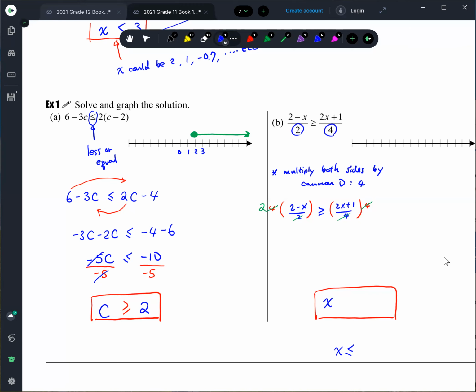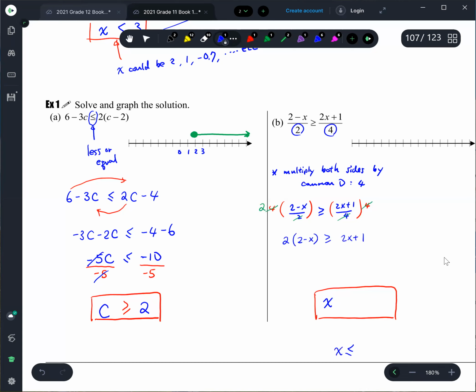Okay, so after you reduce the fractions, then left side should be 2 minus x greater than or equal to 2x plus 1, right? Because the right side has no more fractions and nothing left on the top.